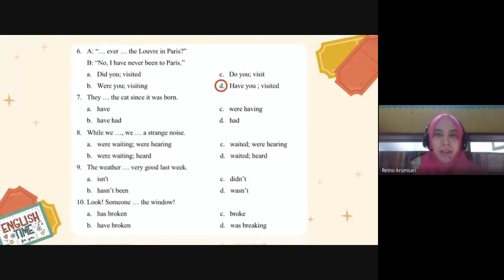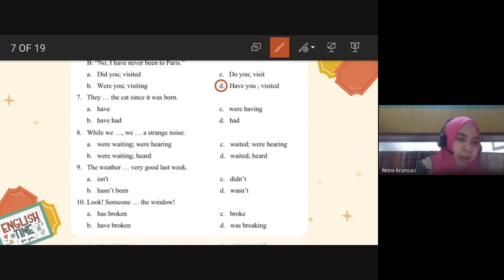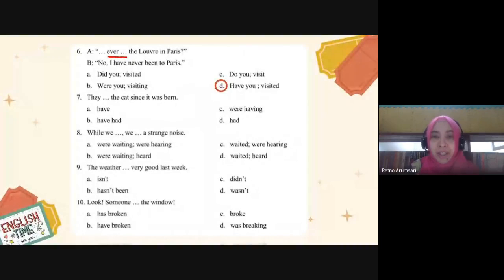Yes, it is. Have you ever visited the Louvre in Paris? That's right. How do you know? The clue is ever. So the answer is most likely in present perfect.